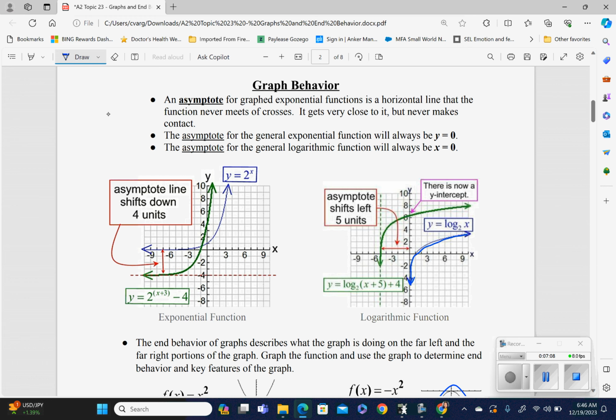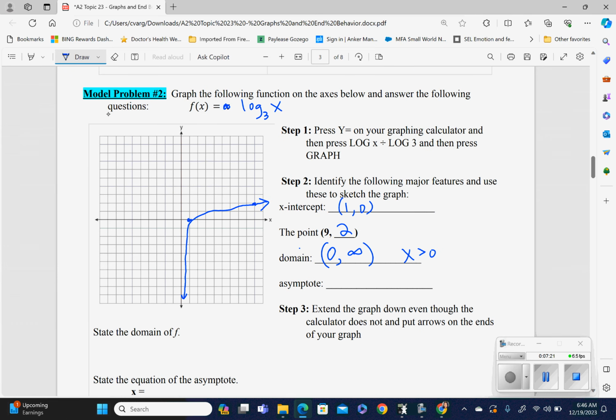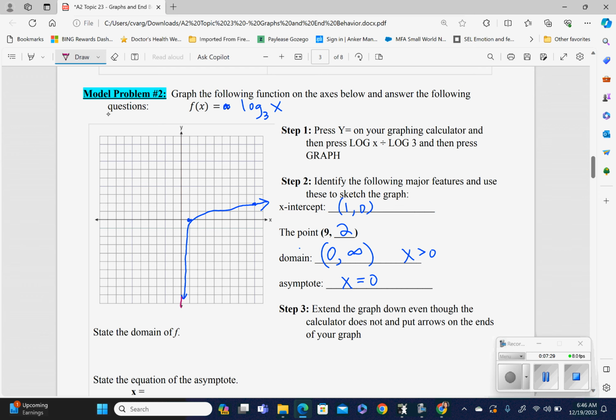And an asymptote for the general log function will always be x equals 0. The x equals 0 line is the y-axis, and you learned that in geometry. So the asymptote is x equals 0, which again is the y-axis, because right here at the y-axis is where x is equal to 0.